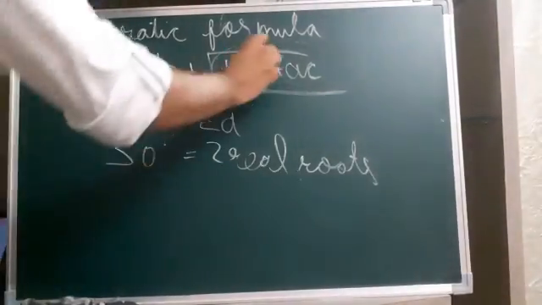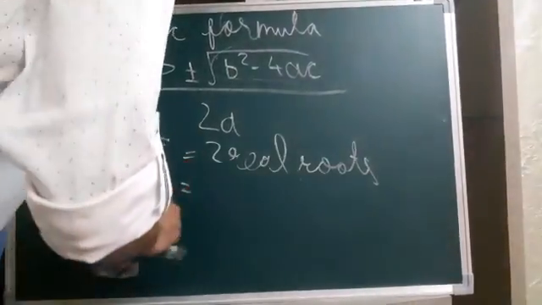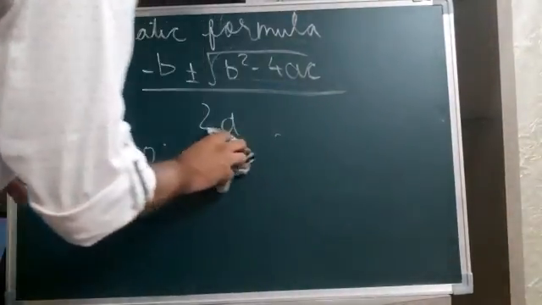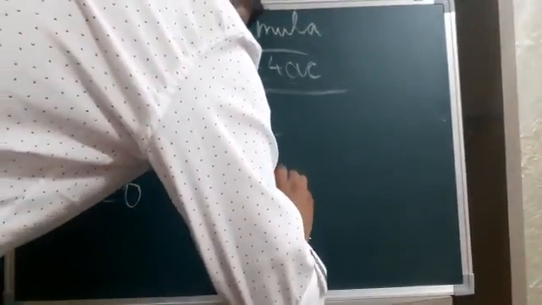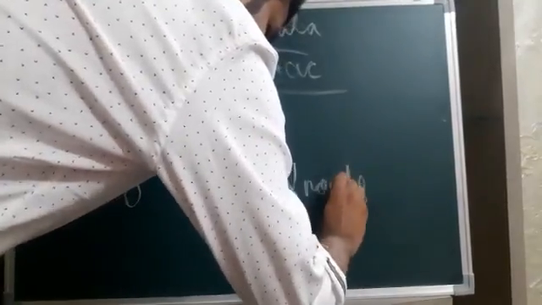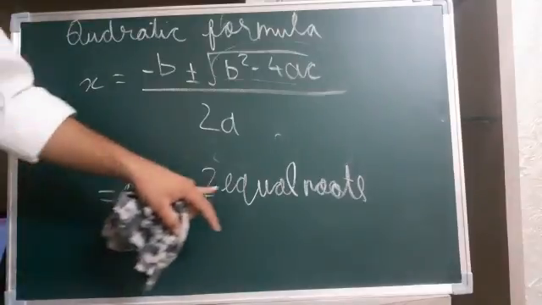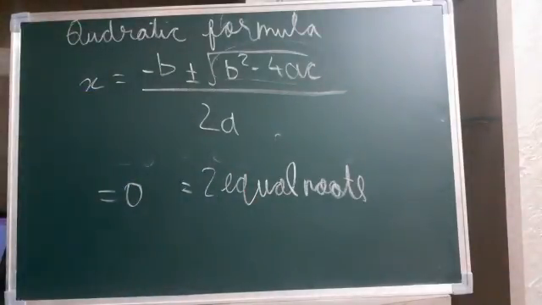If this is equal to 0, then we have two equal roots.